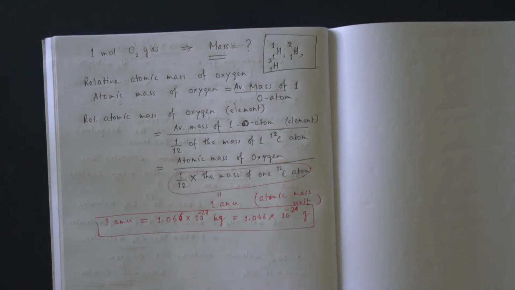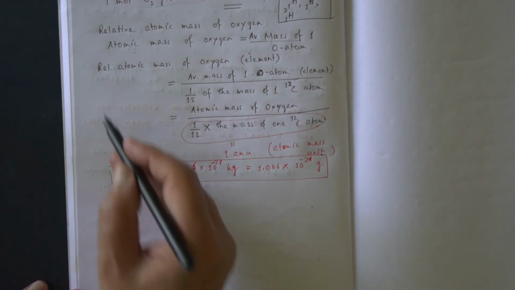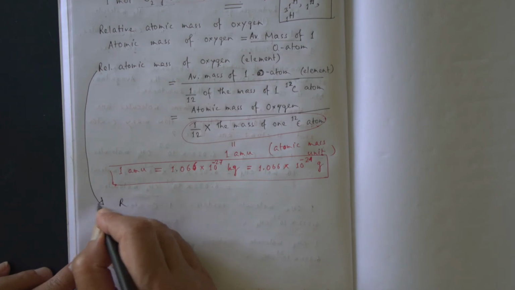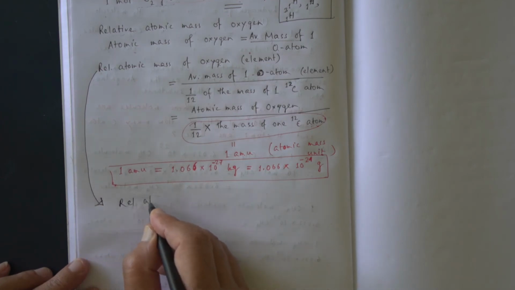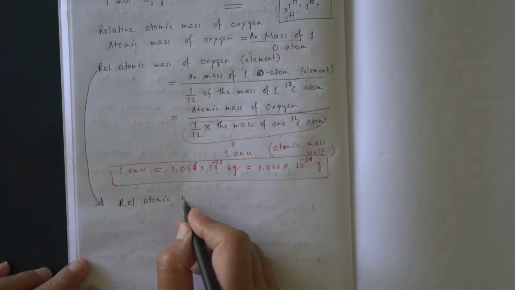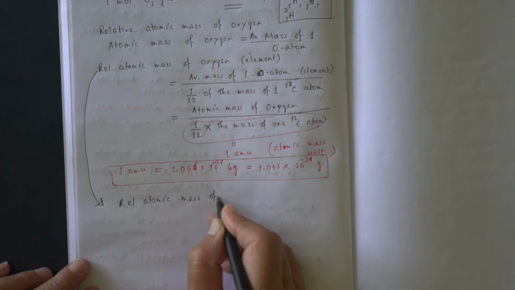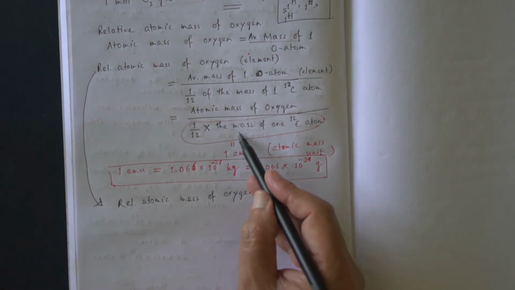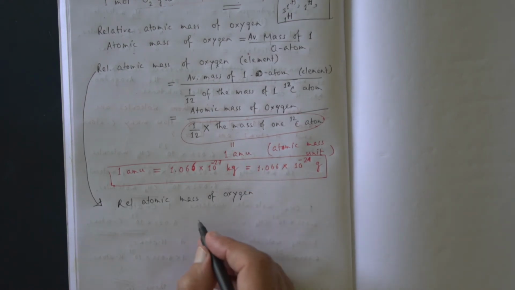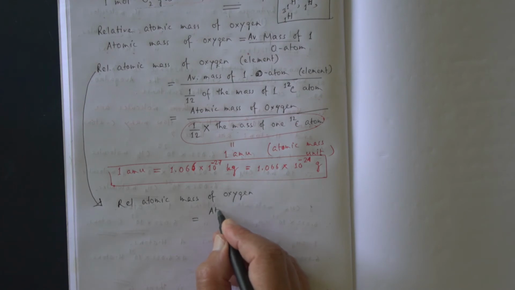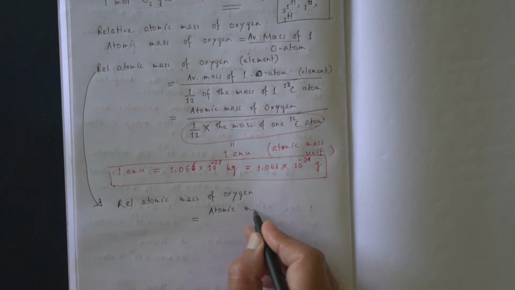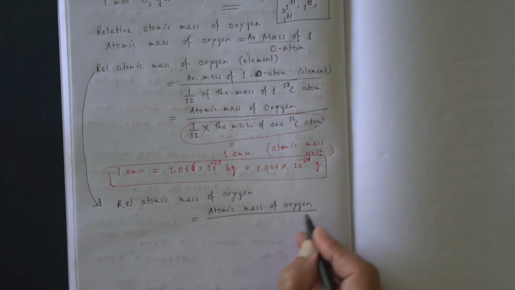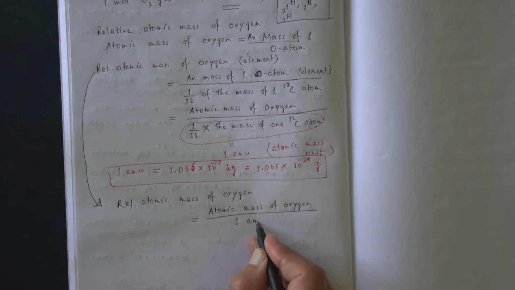Okay, so you see, from here, the relative atomic mass of oxygen is the atomic mass of oxygen by 1 AMU.